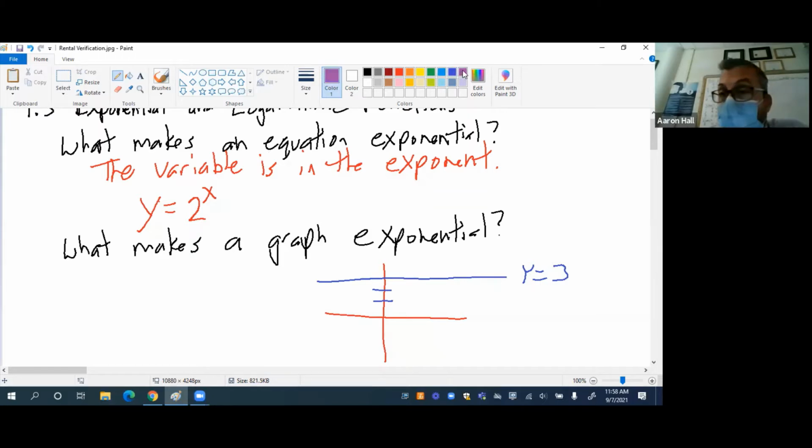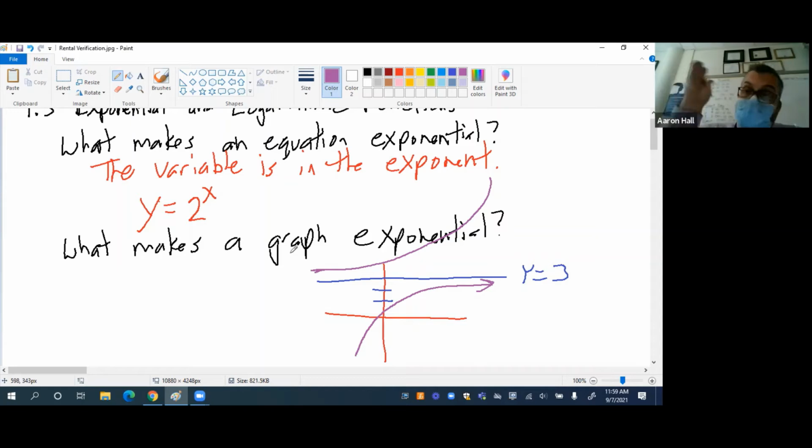If I converge on this line, that is one of the characteristics of exponential. So if I curved from the bottom like this, that would be exponential. We could converge from the top, right? I could go like this. I could converge from the top on that line. That would also make it exponential.